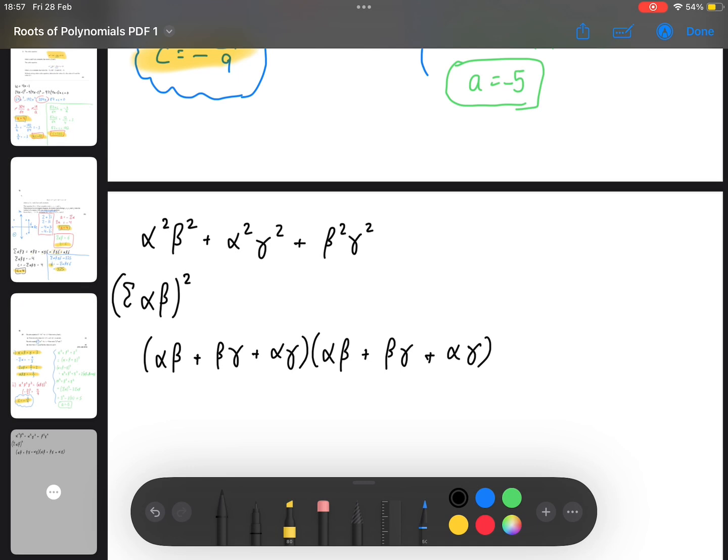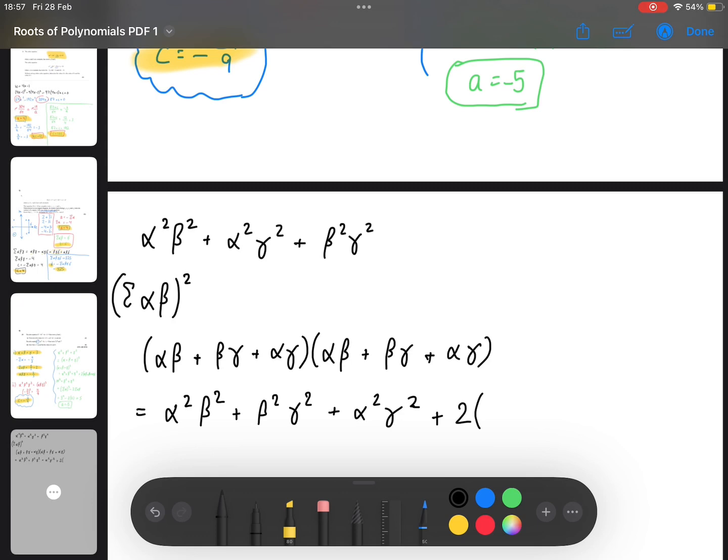If we expand that out, then we get alpha squared beta squared plus beta squared gamma squared plus alpha squared gamma squared. Those are the terms which we were interested in. But then we're also going to get some additional terms.